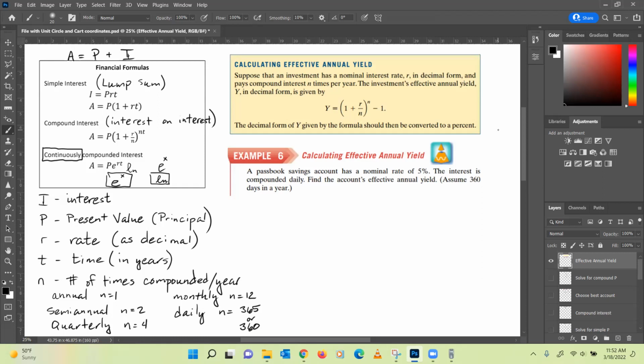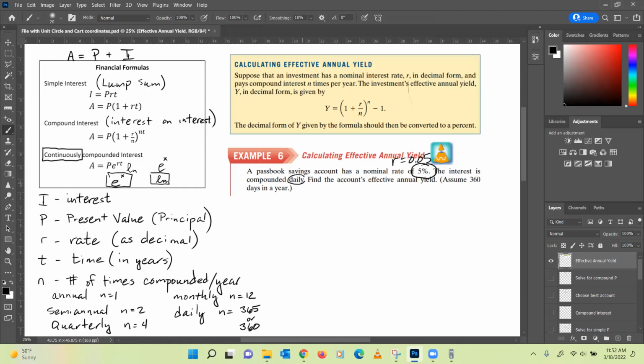And it allows me to compare the two a little more directly without having to run through all of the calculations. I can just do this one calculation and it lets me know the difference. So let's see what we're talking about. We have a savings account here in the problem with a rate of 5%. So 0.05 is the rate.